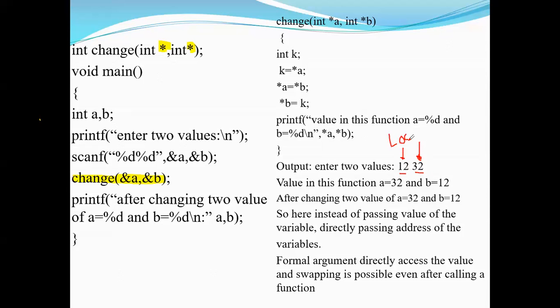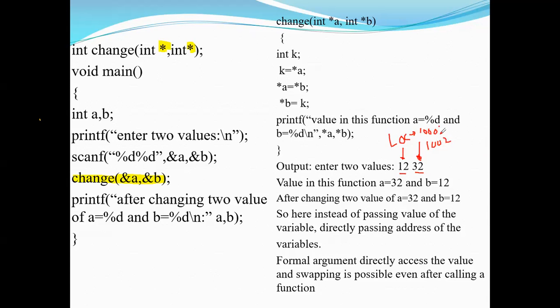Say I have loaded these values at location 1000. If it is an integer type, 2 bytes, then the next consecutive location, 1002, holds the 32 value.